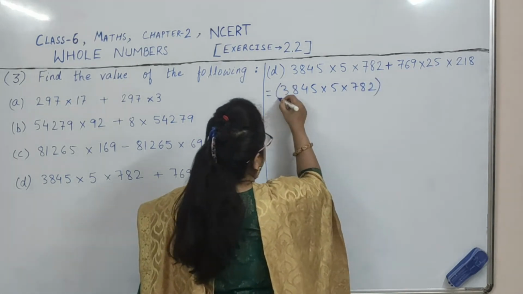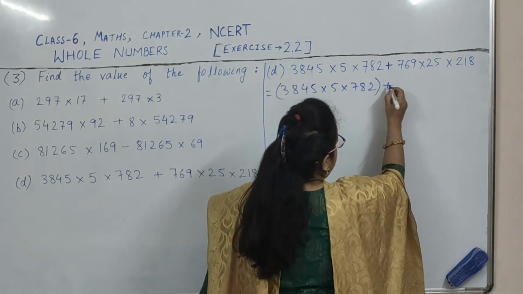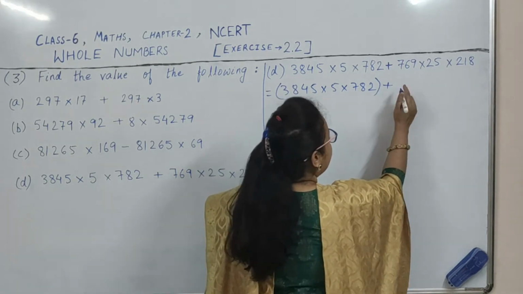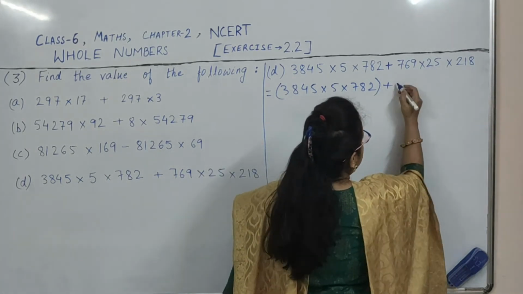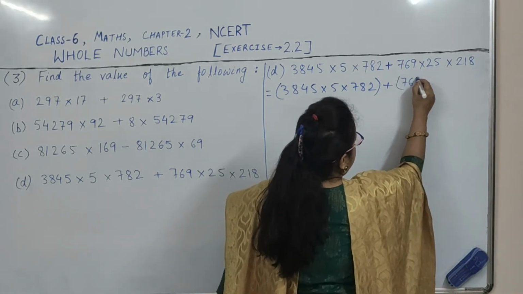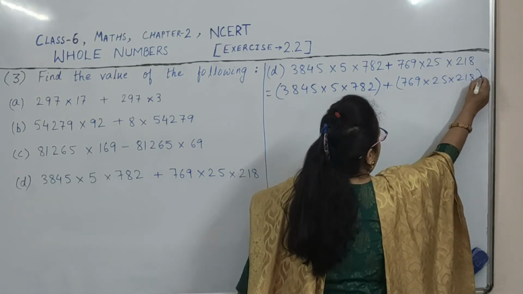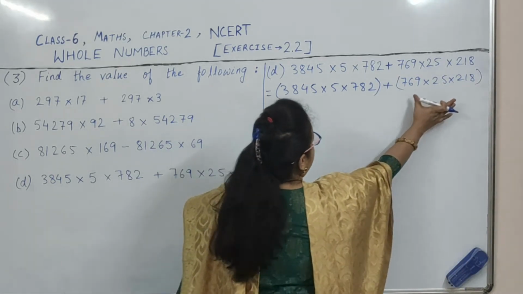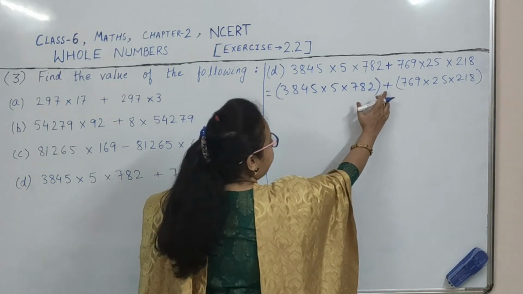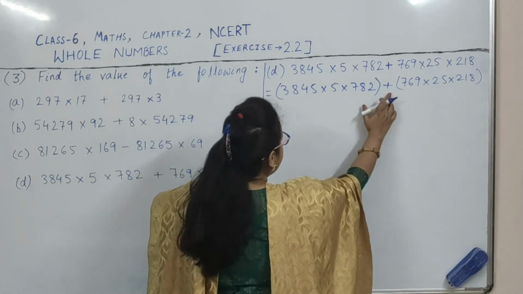Now taken in bracket and plus sign. So the terms are separated by a plus sign. The second term is this one: 769 into 25 into 218. Okay, so these two terms are there in this question, separated by a plus sign.